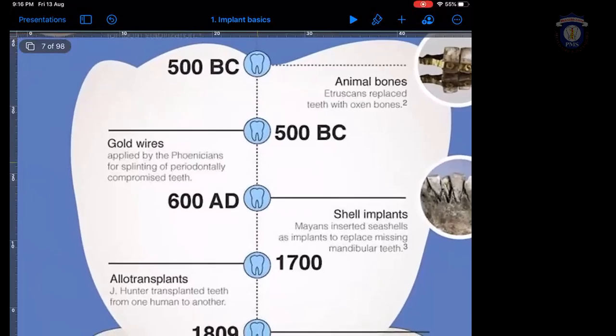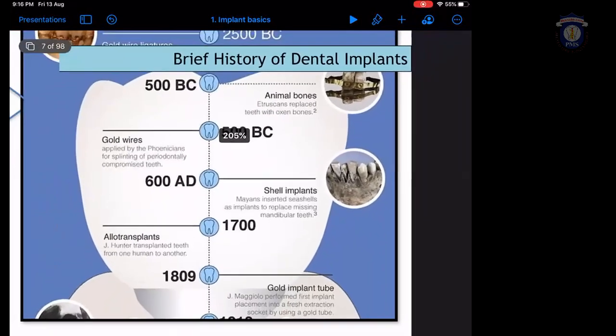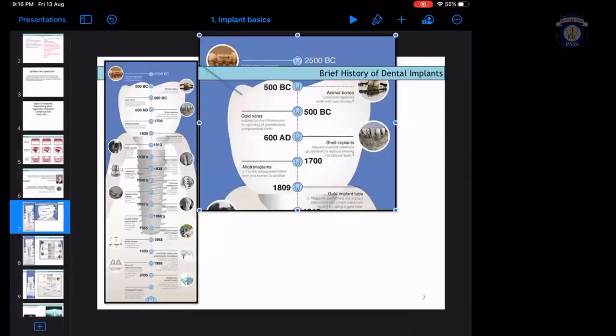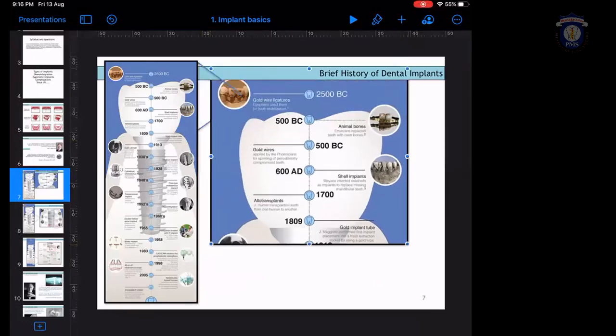Then after 500 BC, it took many more years to find out the basis of why the implant is integrated, or bonded, in the bone.